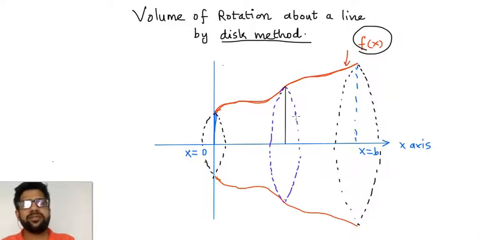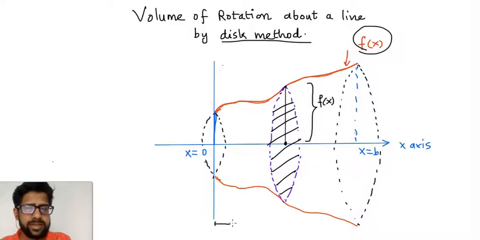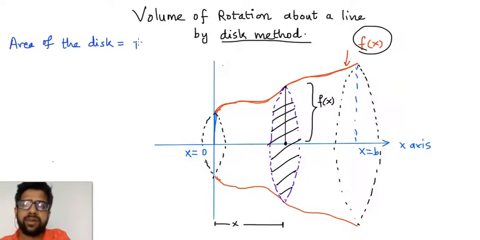So this is a kind of disk we get with this radius. So let us calculate the area of this disk. The disk is circular and the radius we are looking at is basically f of x, if the center of the disk is x distance away from the initial point. Therefore, the area of such a disk is equal to pi times f of x square.